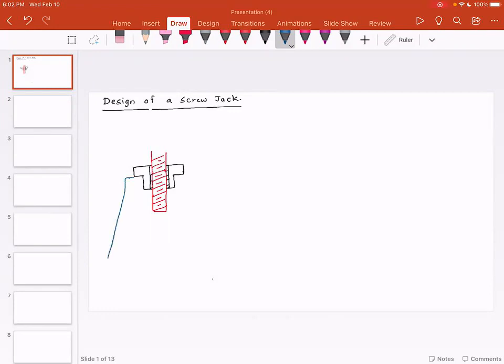Usually the housing is made of cast iron, and the main purpose of the housing is to provide base and support. There are different designs possible, but I just want to give you a very simple design. This is how the housing is going to look.